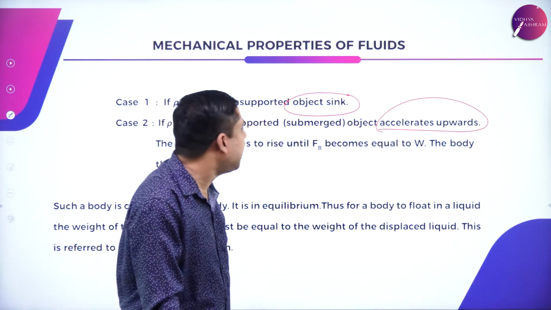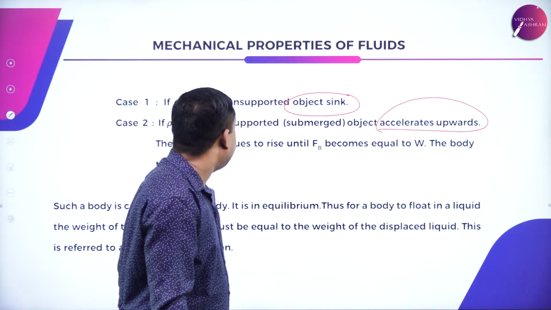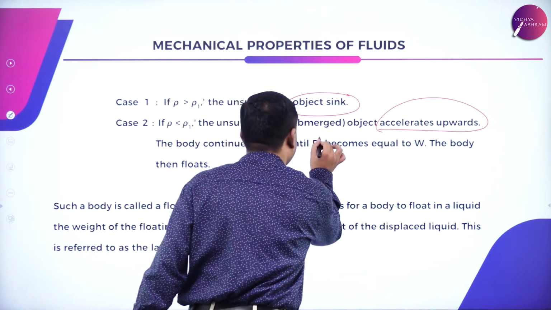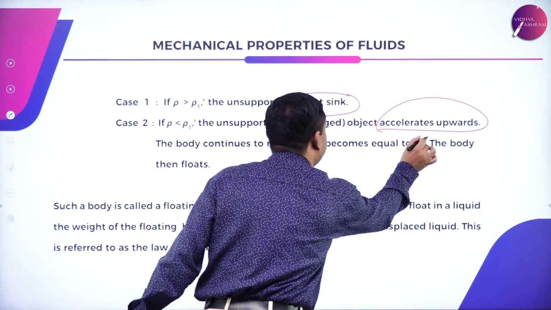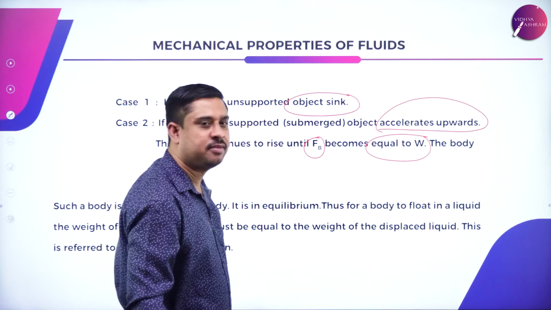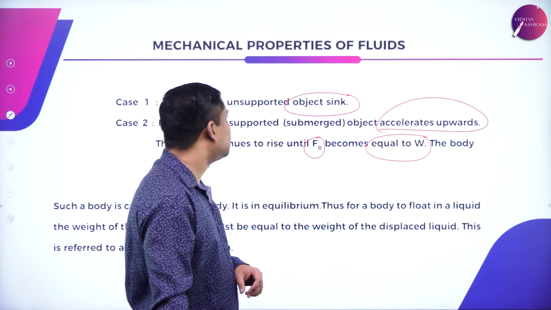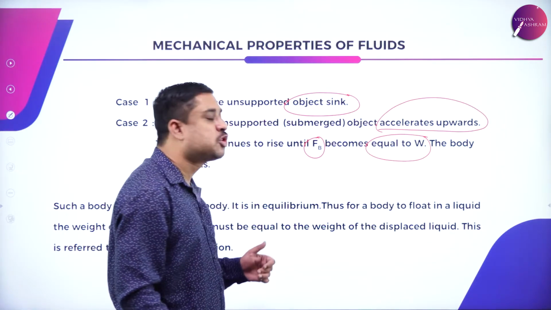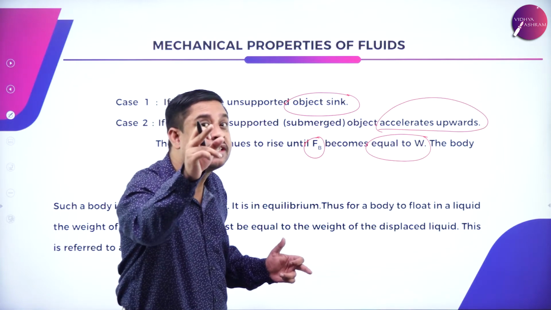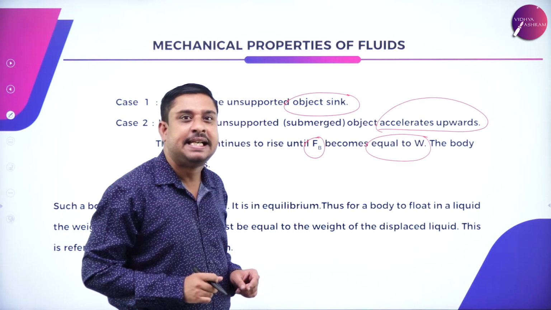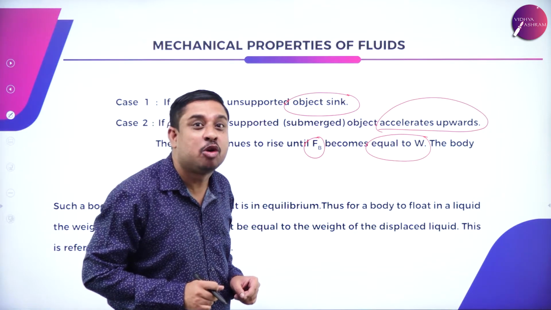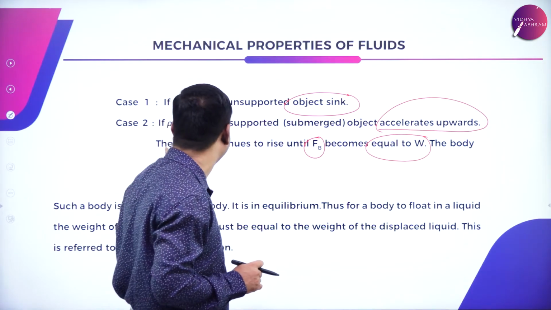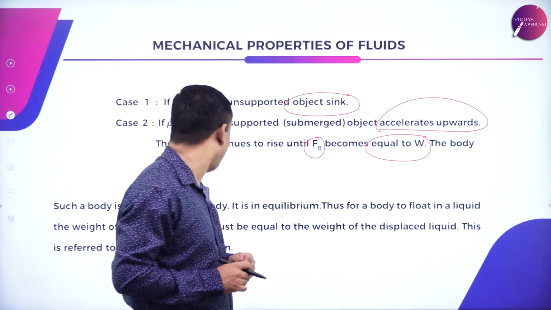It will accelerate upwards and the body will continue to rise until the buoyancy becomes equal to its weight, and then the body starts to float. Such a body is called a floating body. When do you say a body floats? Density should be less than rho dash. Here there is an acceleration upwards and the body starts to float.